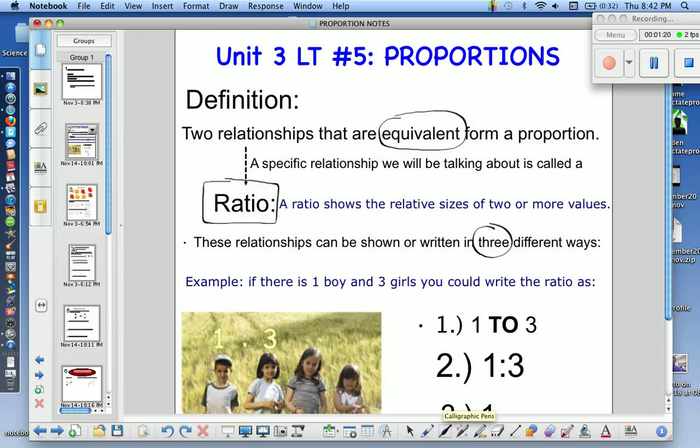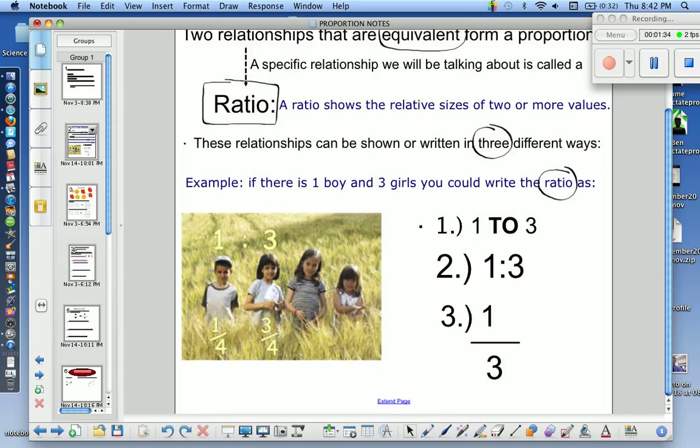The first example: if there is 1 boy and there are 3 girls, you can write the ratio. Make sure you circle that word ratio. There are 3 ways we can express this. If you want to underline the word "to," the word "to" goes with ratio. So 1 boy to 3 girls.